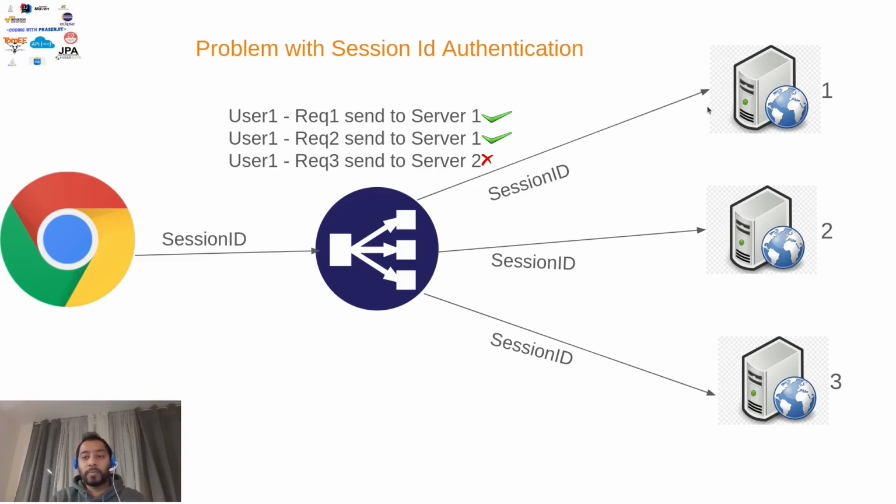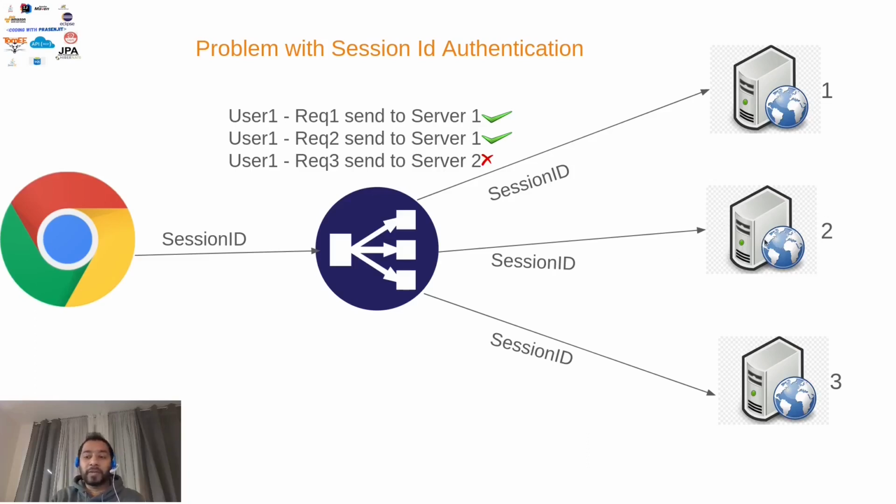Now server 1 can easily find the session information using the cookies, and then it will validate the user. Okay, now let's say server 1 goes down. Now what will happen, the user will do another request, request 3, and now load balancer will try to send this request 3 to the server 2.